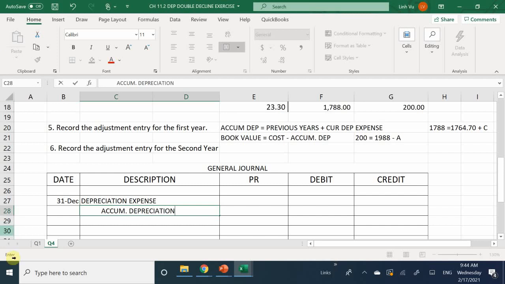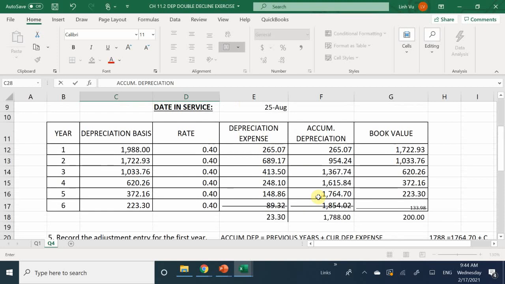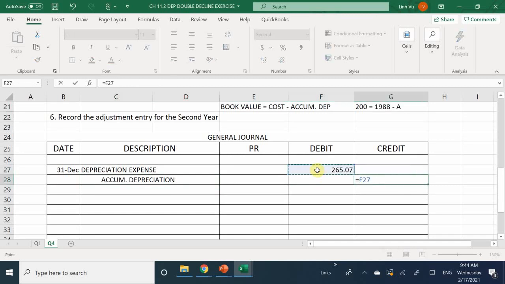Good. For what value? What was the first year's depreciation expense value? 265.07. Same thing down here.